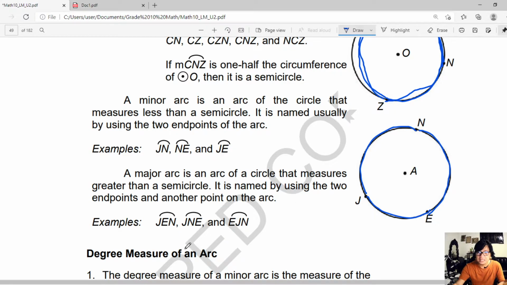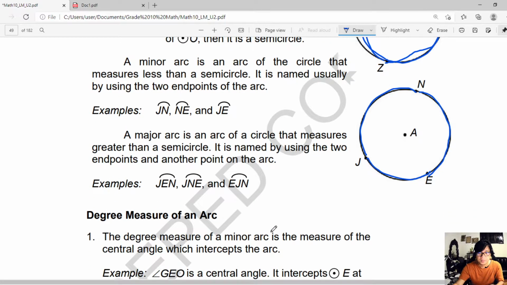So kailangan natin kasi yung another point sa arc, yung sa gitna. It is because to know the direction of our arc. Kasi pag 2 letters lang, pwedeng dun sa kabilang side siya dadaan. So kailangan, that's why pag major arc, kasali talaga yung isang letter. So we usually use 3 letters.